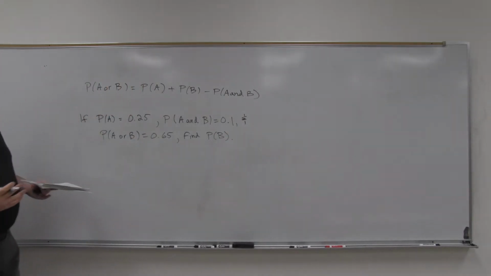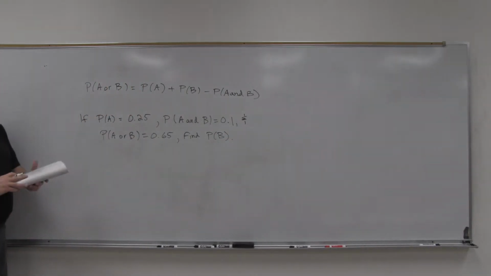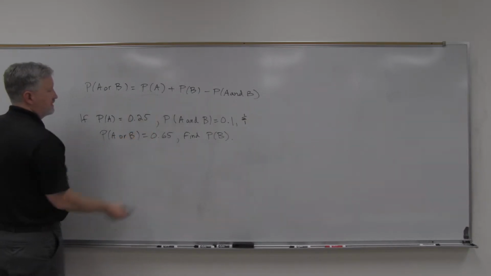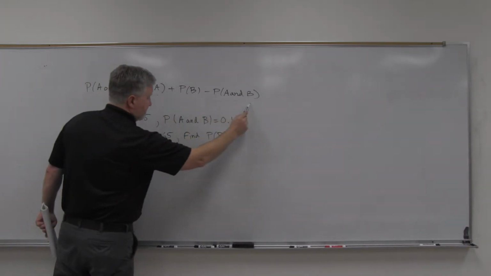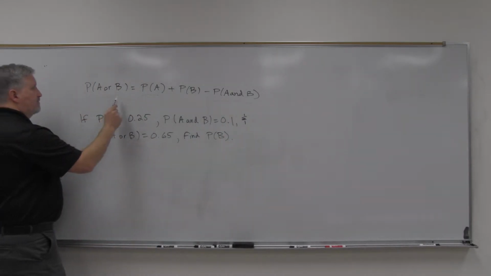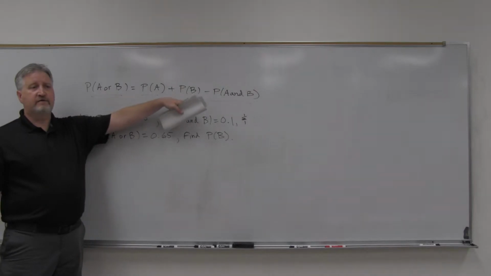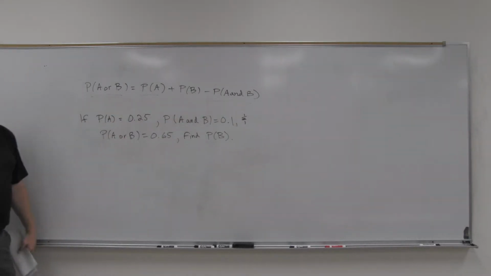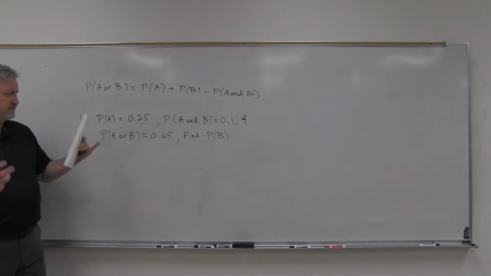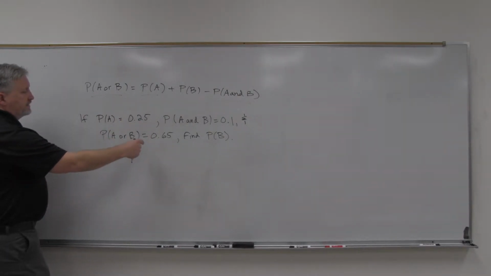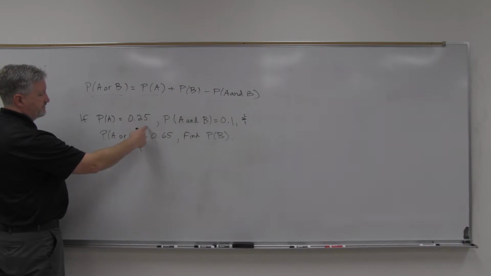Yes, this formula can be used here because I've got the probability of A, the probability of A and B, and the probability of A or B. I've got three, so I can find the fourth one. Just plug in. You don't have to know a different formula, just plug these in and do a little bit of solving.